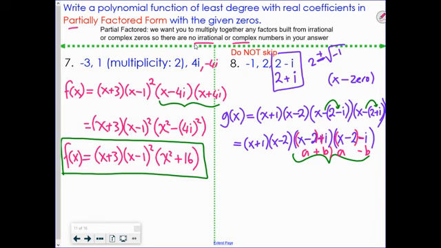That's difference of squares. So we have x plus 1 multiplied by x minus 2 multiplied by, this is difference of squares, where our a is x minus 2, square it, minus our b squared. And our b is i, and we need to square it.